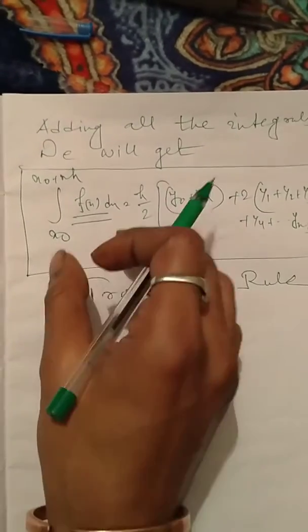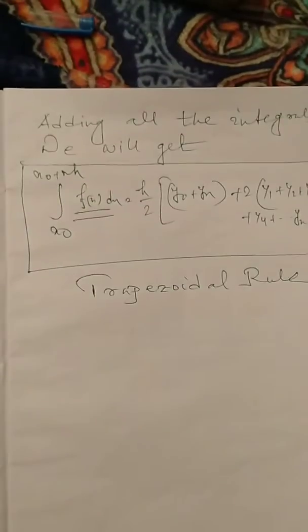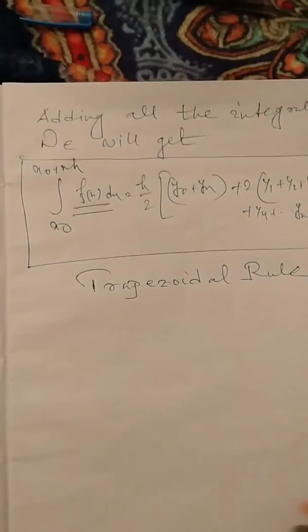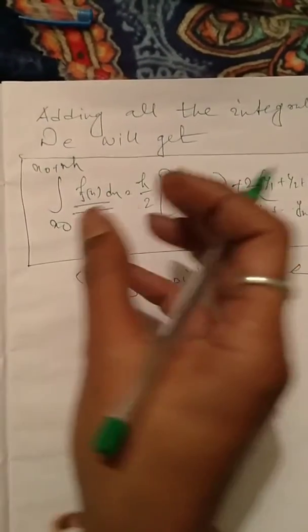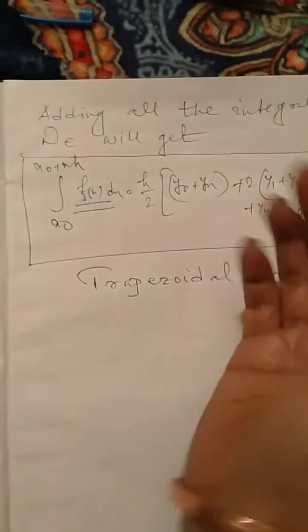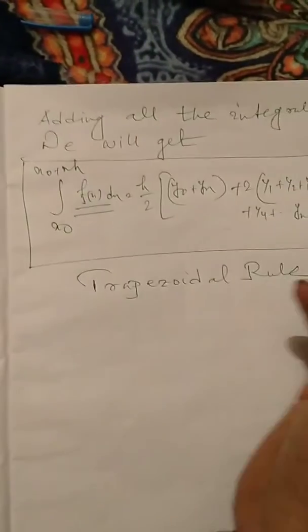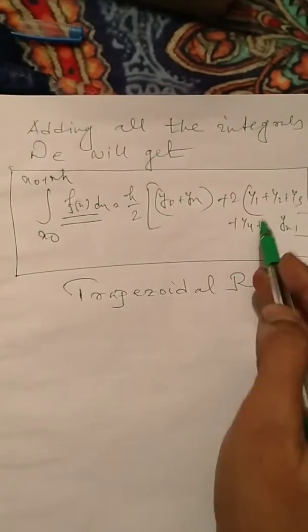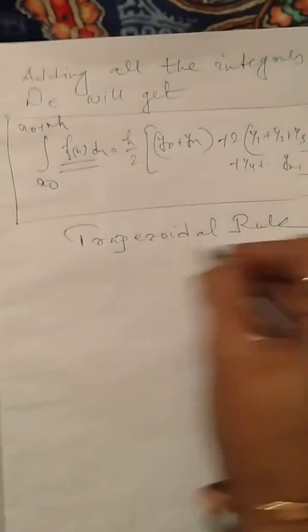Are you getting the main significance of the trapezoidal rule? For any kind of function, even complicated or mixed functions, we can use the trapezoidal rule or Simpson's one-third rule, but there is a little bit of error. So this is the trapezoidal rule.